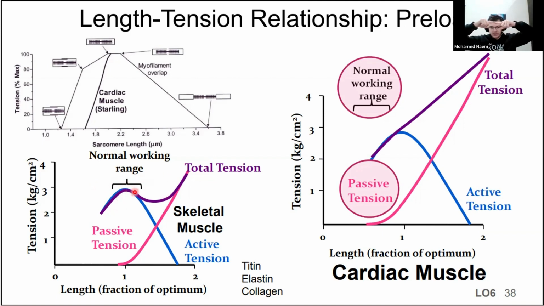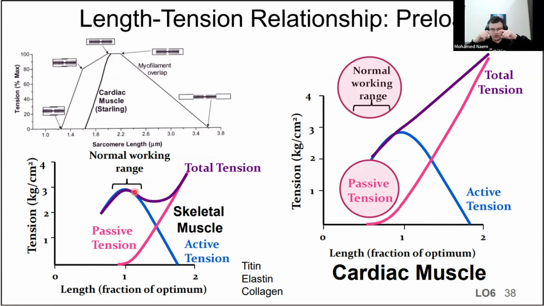After this point, the muscle is too stretched, more stretched than normal, so the contraction is going to be weaker. That's why the active tension goes down, because you're not producing as much tension from the contraction itself.